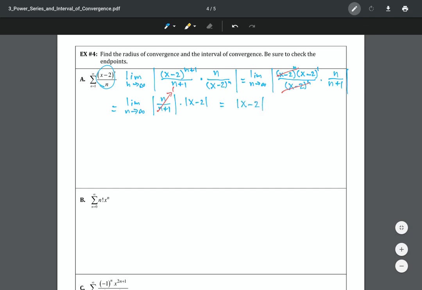Now this right here needs to be, for it to converge, to figure out the interval of convergence, I have to put it as less than 1, because that's how the ratio test works. So what I'm going to do from here is solve. Remember, when you have an absolute value, you would write the same thing but switch the inequality and make that negative.